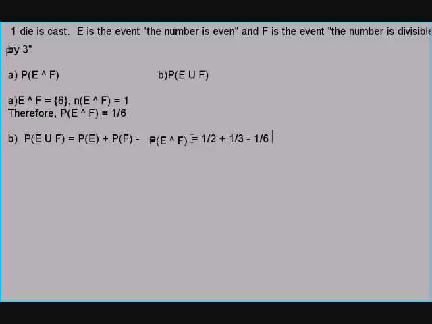So a half is 3/6, and a third is 2/6. That equals 3/6 plus 2/6 minus 1/6. And 3 plus 2 is 5, minus 1 is 4, so you get 4/6, which equals 2/3. Is that alright? There's nothing too bad there.